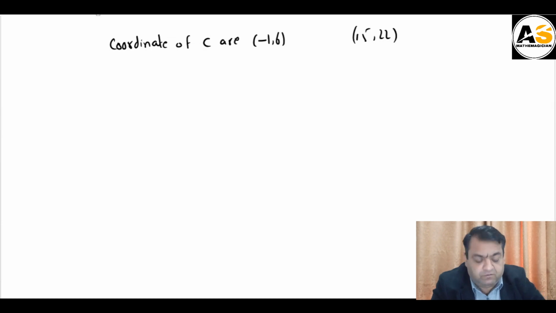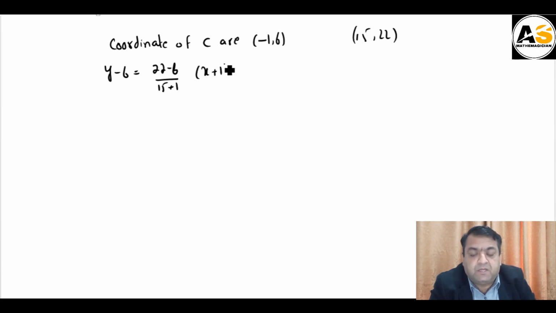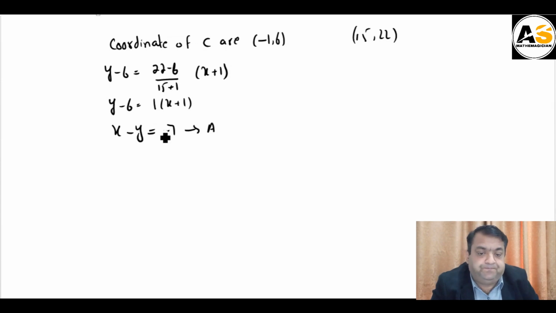I am using the two-point form: y minus y1 is equal to (y2 minus y1) over (x2 minus x1) into (x minus x1). Y minus 6 is equal to 1 into (x plus 1), or I can write x minus y is equal to minus 7. This is the equation of BC.